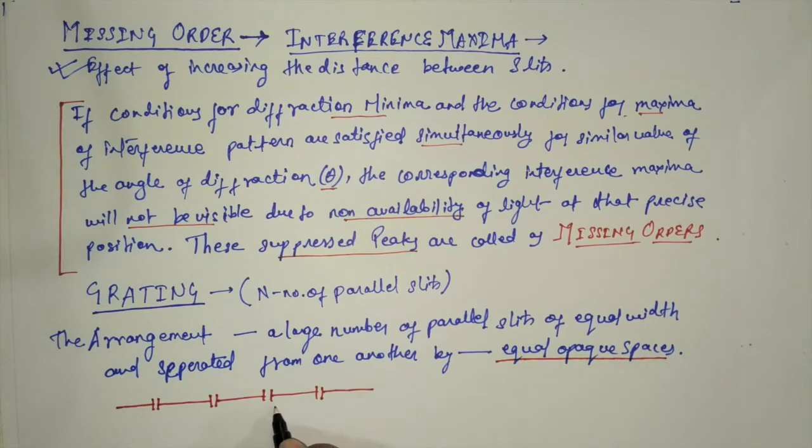What are equal opaque spaces? The space between two slits, that is from here to here, again from here to the next slit. These spaces are opaque spaces from which light cannot pass, and the width of the slits must be the same. This arrangement is called a diffraction grating.